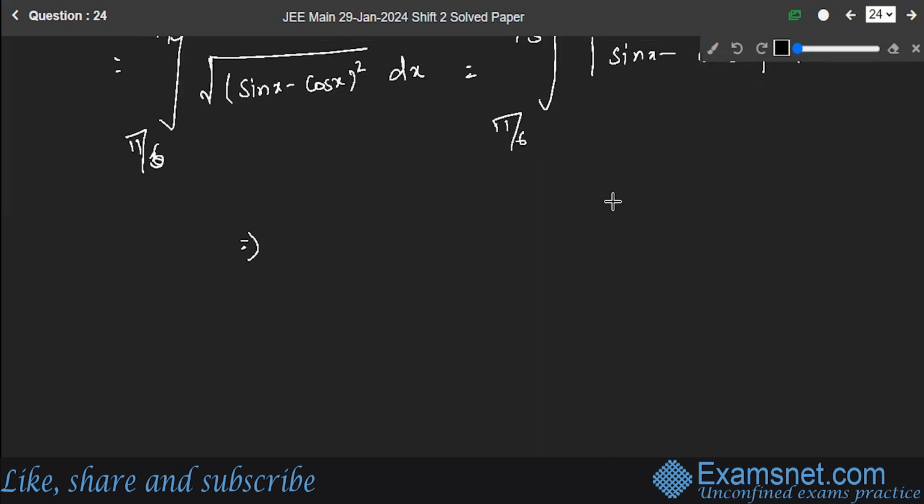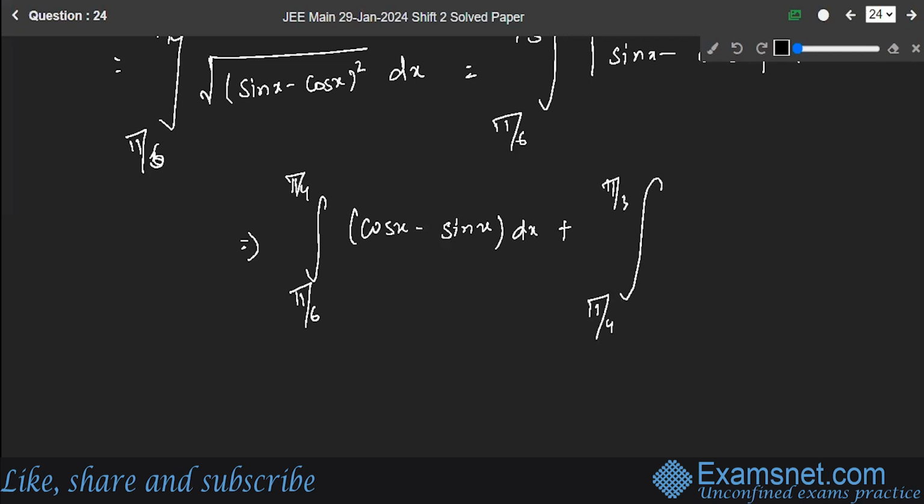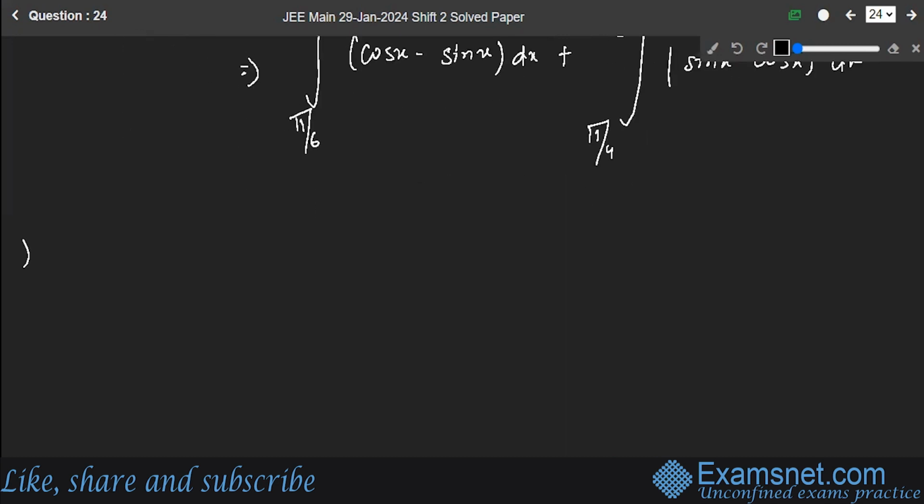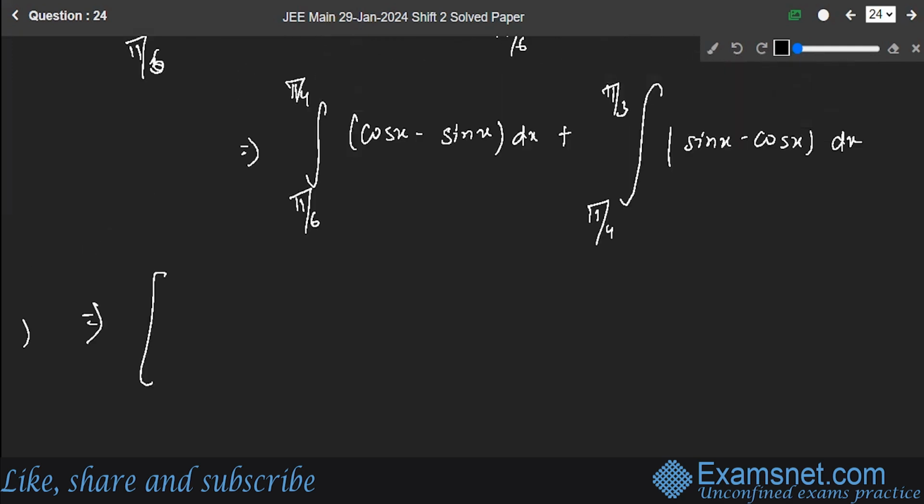Now I can write this as the integral from pi by 6 to pi by 4 of cos x minus sin x dx, plus from pi by 4 to pi by 3 of sin x minus cos x dx, because they are positive in these intervals. So let's find the integral. The integral of cos x is sin x, and the integral of sin x will be minus cos x. Put down the limits.